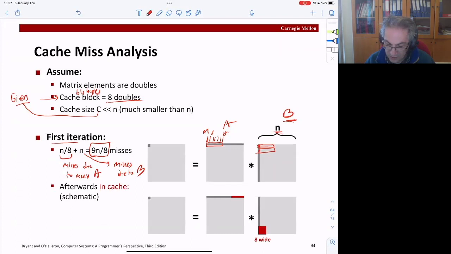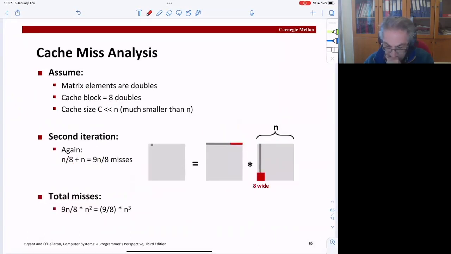And at the end of the first iteration, what will I have in my cache? In my cache, I will have these 8 elements here, and then I will have this 8 by 8 block of elements in the cache. Now, what happens in the second iteration? Now, I'm again multiplying this, and this one has moved one more.